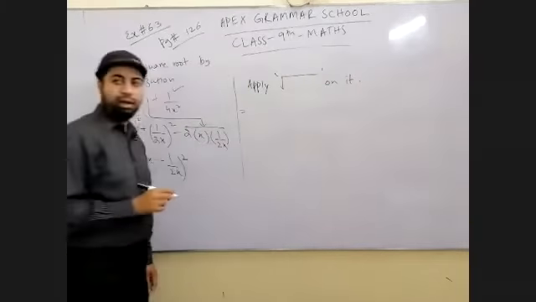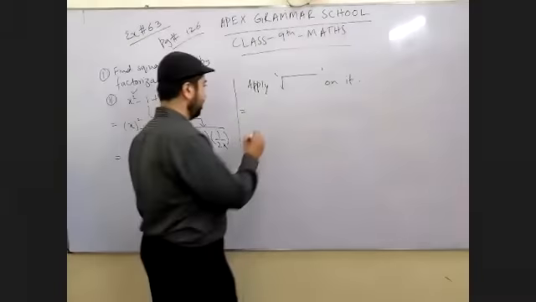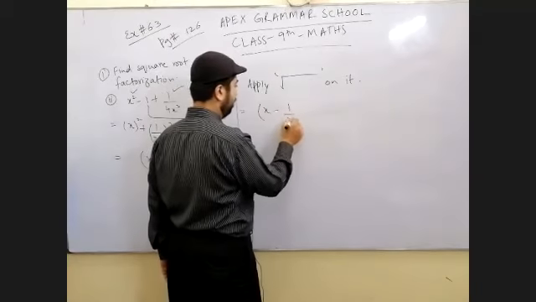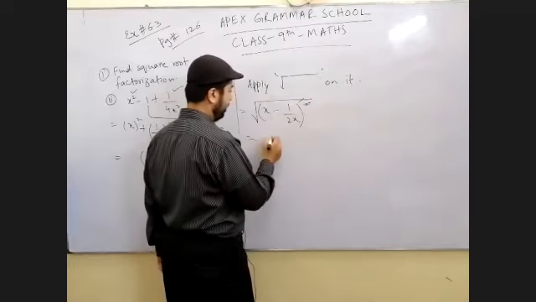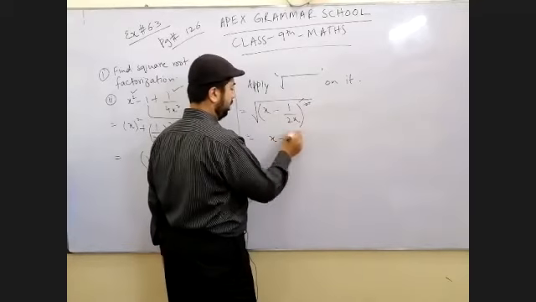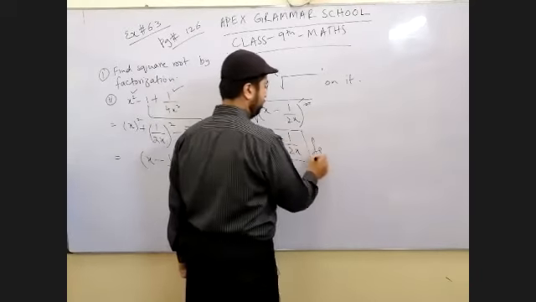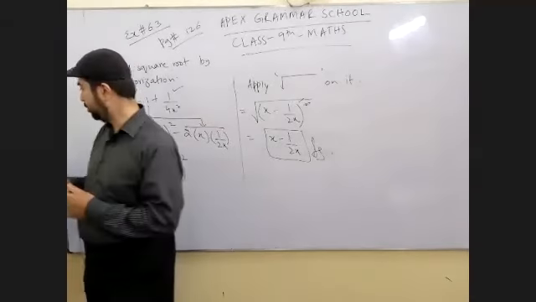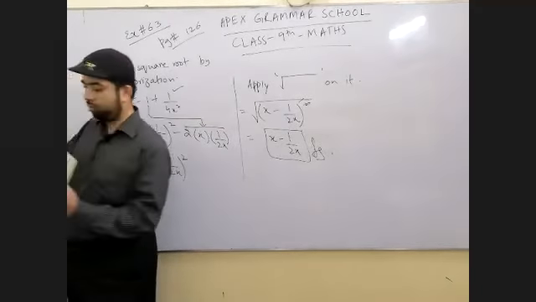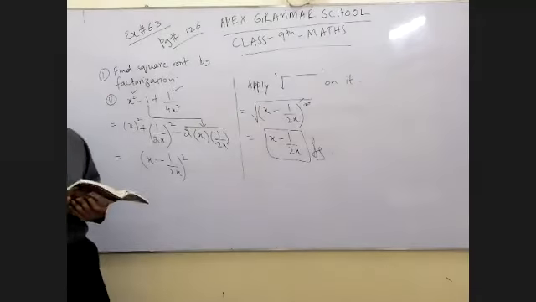After applying square root, on x minus 1 over 2x whole square, we are left with x minus 1 over 2x only. And that's it. This was your part number 2. Now for part number 3.